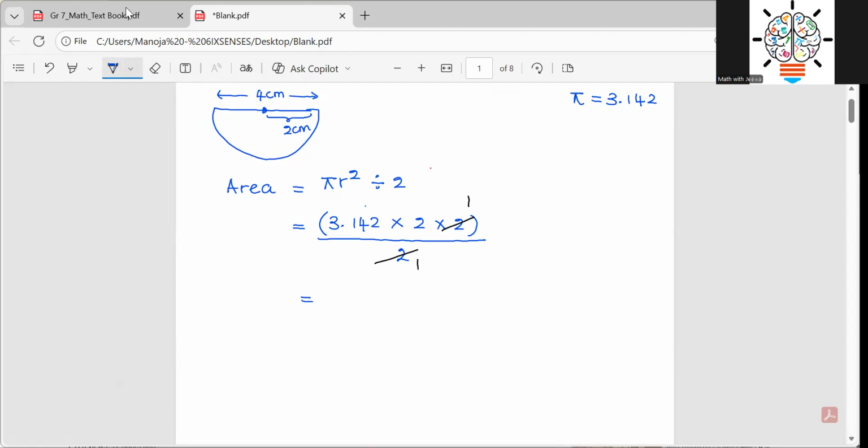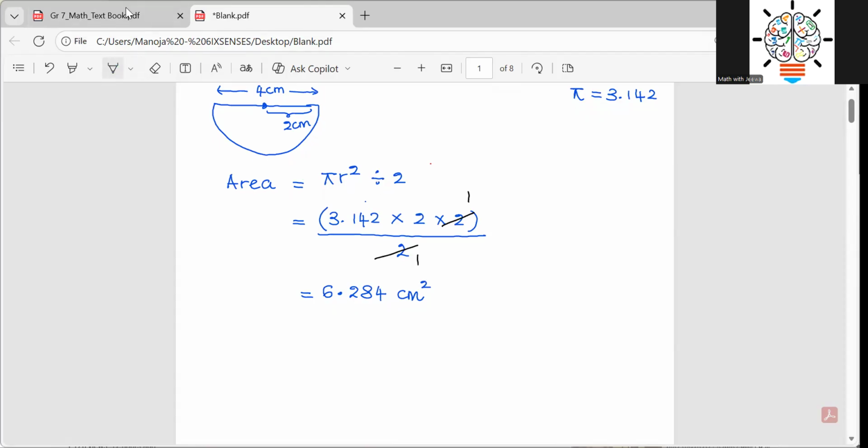What will be the answer? 6.284 centimeter squared. That is the area of this half circle. Always you want to write the formula and show the steps. And finally, when you are concluding the answer, you want to give the final answer with the correct units, right?